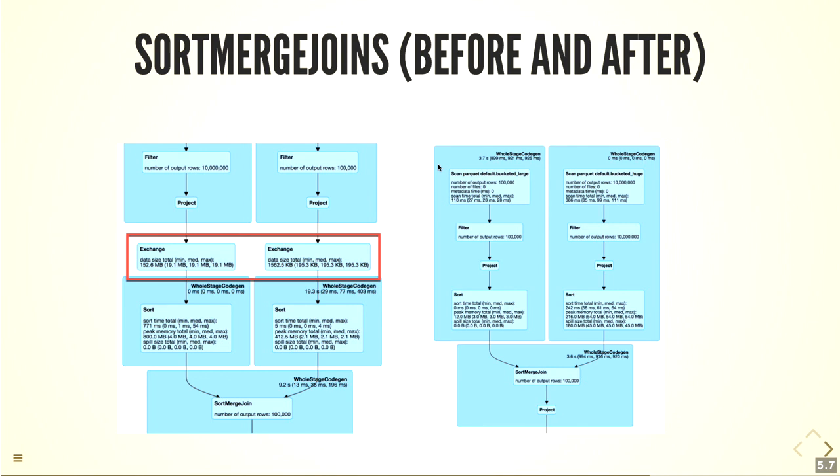Yes? Okay, so the question is about the relationship between bucket IDs and executor IDs. Is this correct? Okay, there is no relationship.